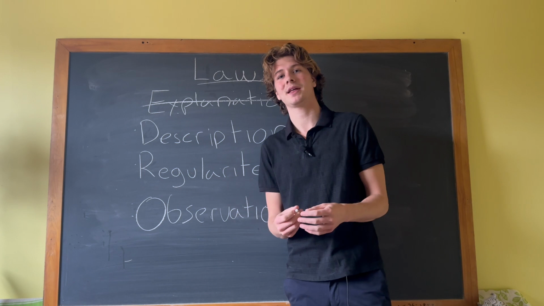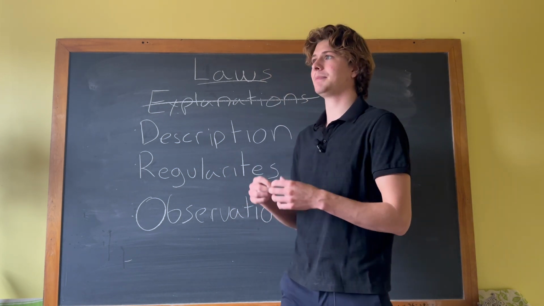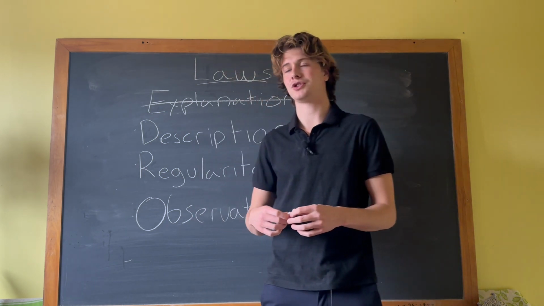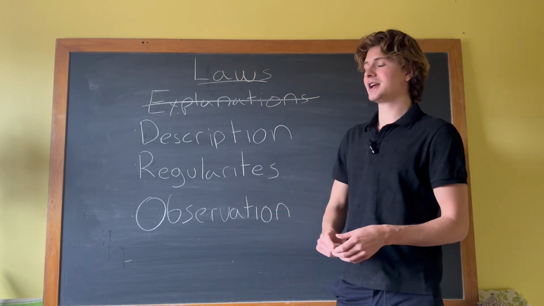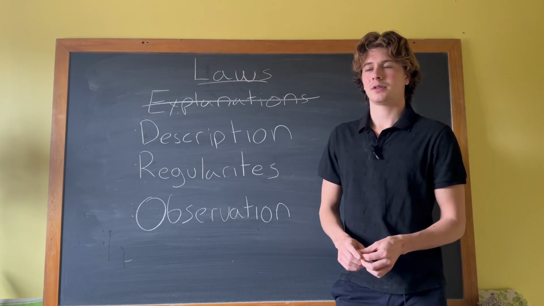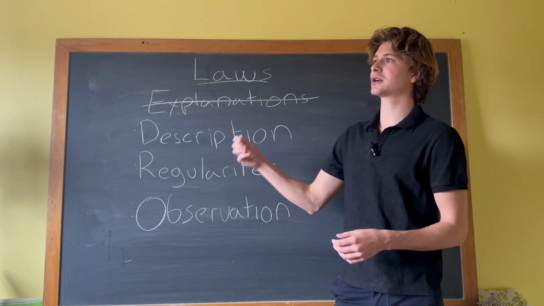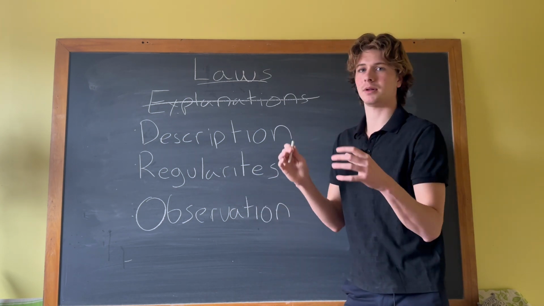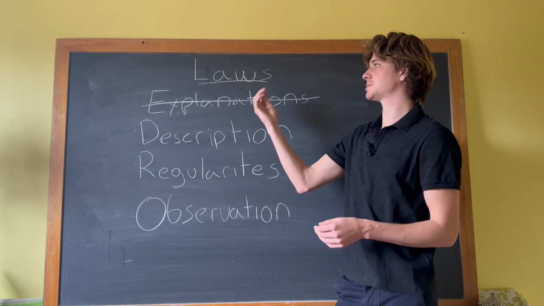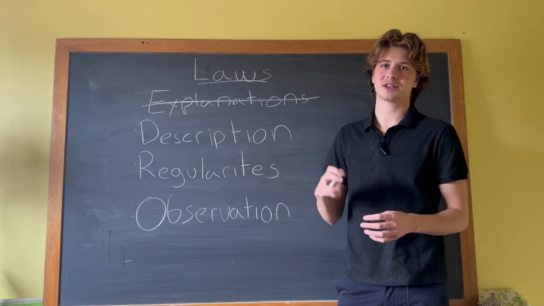That's the reason why they think laws are able to be manipulated and to be revised as new evidence comes about, right? The law is the observation. The law is the regularities. It's just the description. But the reason why we think that a law is malleable is because we've tried to explain laws when that is not what a law is. Law is not an explanation.